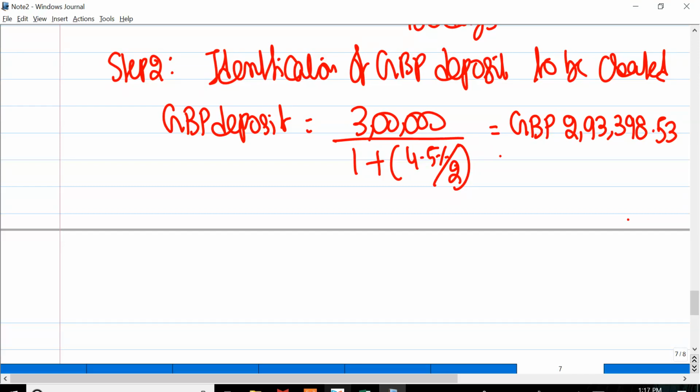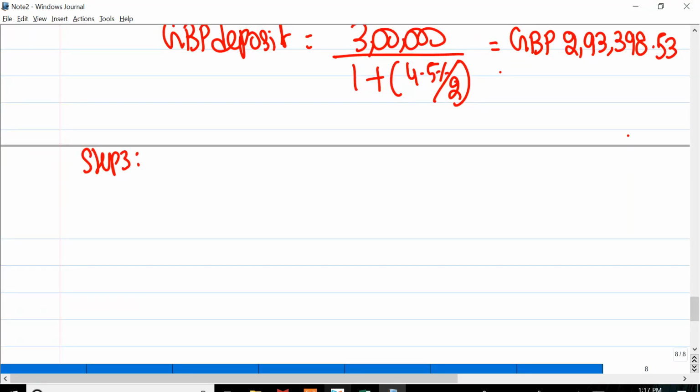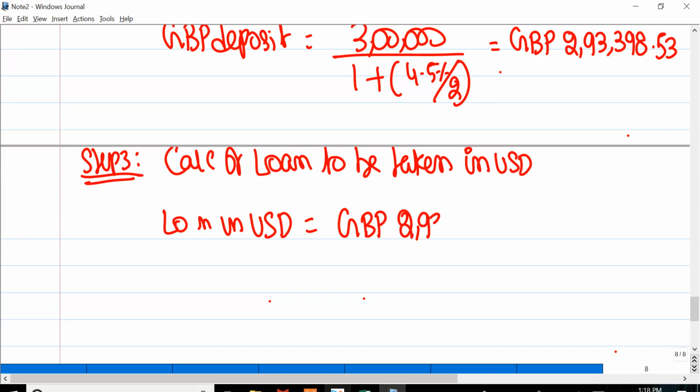We have done money market hedge before, so the same thing we continue here. Step 3, calculation of loan to be taken in USD. Loan in USD equals GBP 2,93,398.53 into the spot rate.